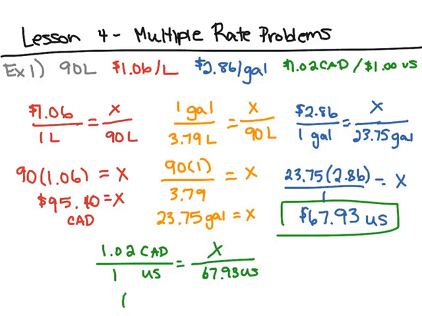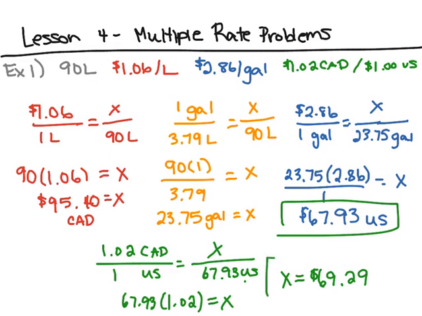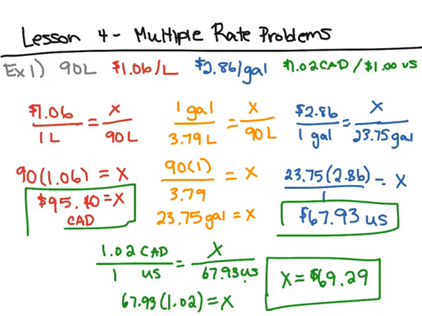So we want to do 67.93 times 1.02, and x is equal to 69.29. So it's cheaper to buy his gas in the US than in Canada.